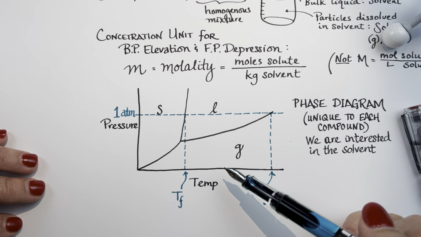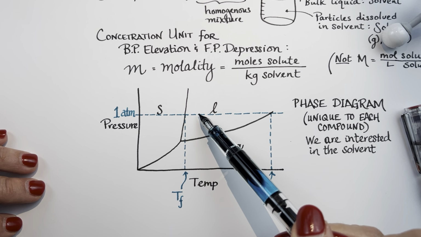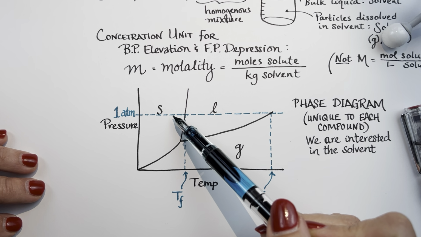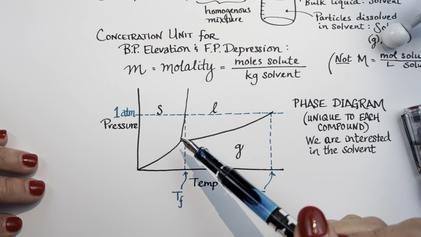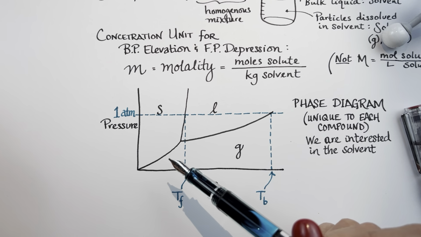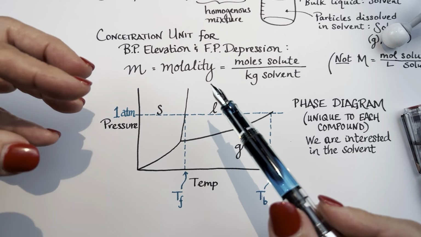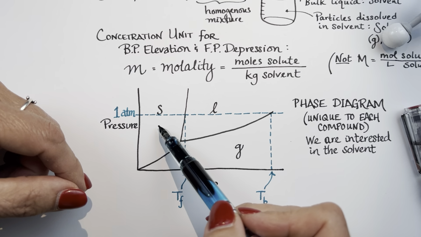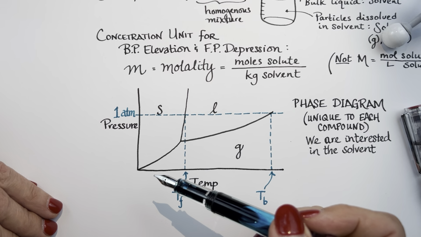Well, what happens is, down here at these lower temperatures, if we look at the liquid that's trying to freeze, there are solute particles in the way. The solute is getting in the way of the solvent molecules trying to assemble themselves into the solid phase. And what happens is it takes a lower temperature for that to happen.